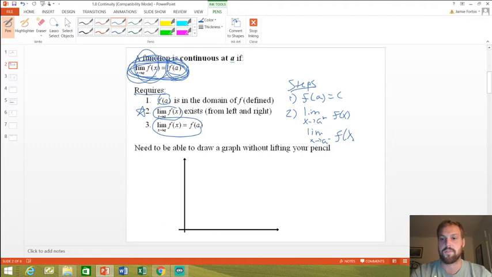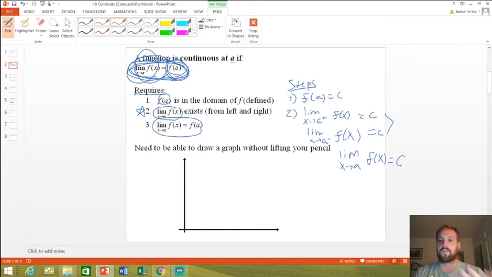If I can find those two values and show that they both equal the same number, then I can make the general assessment that the limit as x approaches just the generic a of f of x equals c.